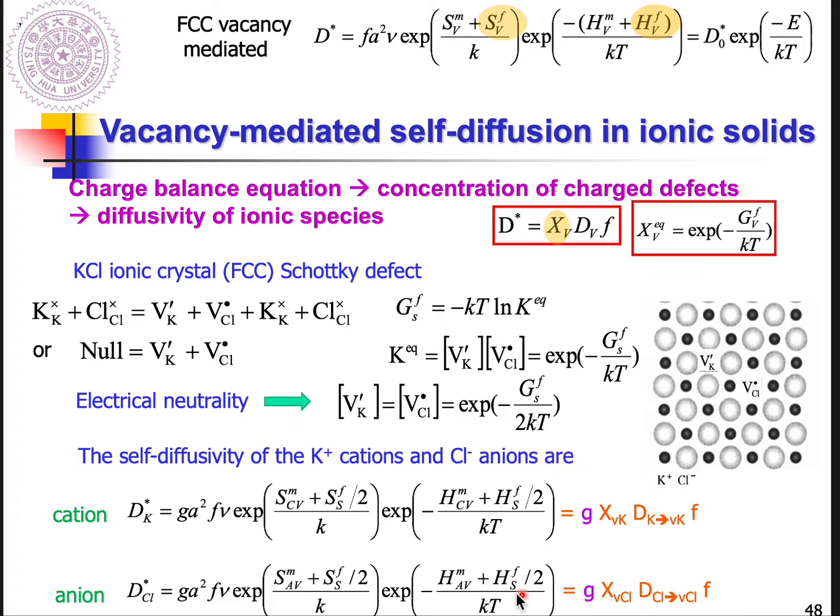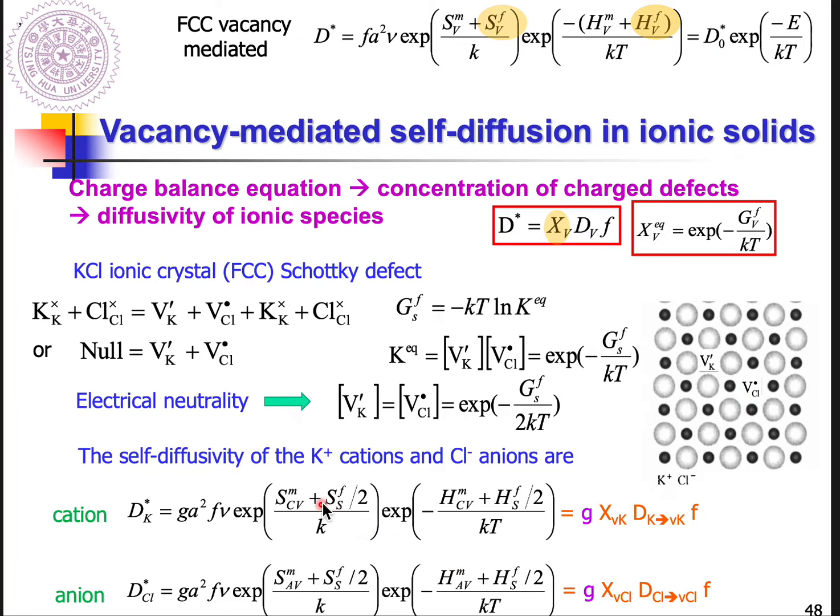And the same thing, you can obtain the self-diffusivity of chloride: g times V_Cl times the diffusivity of chloride, the big guy diffusing or jumping into a vacancy at the chloride site, times the correlation factor f.